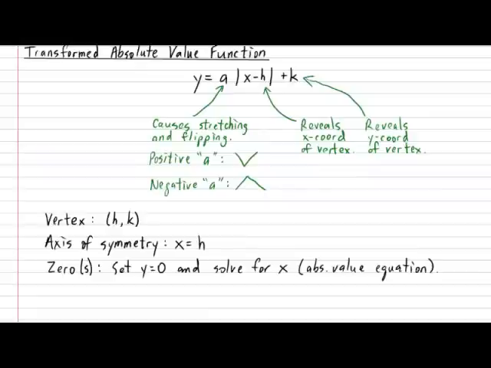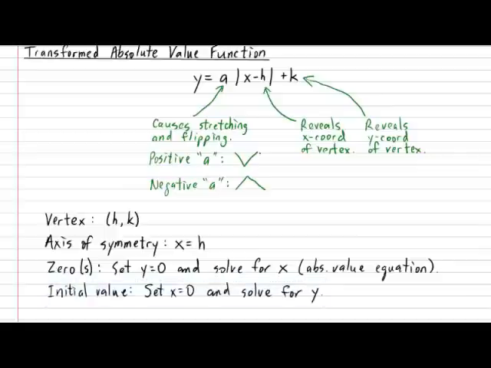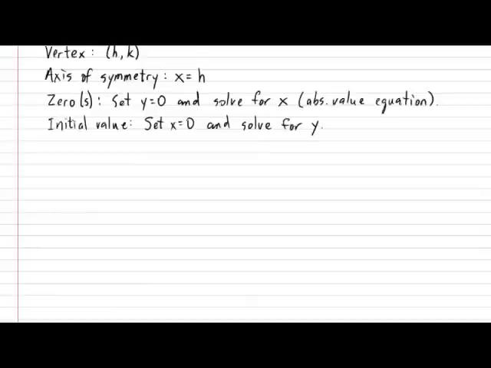And the last piece of information that we'd like to have to help us draw a decent graph is, of course, the initial value. And to calculate the initial value, it's done the same way as any other graph. We set x equal to 0 and solve for y.